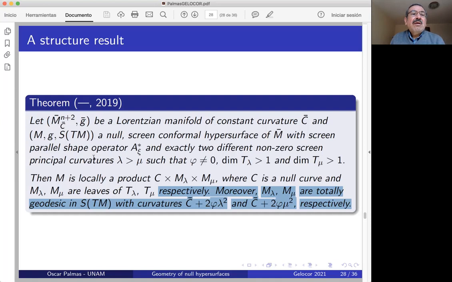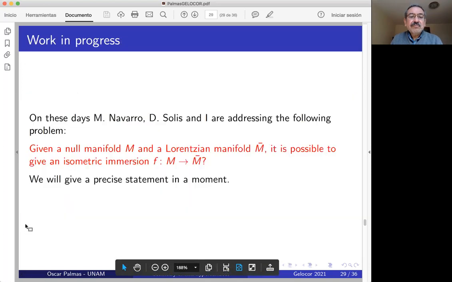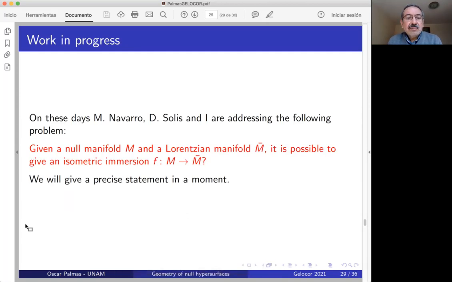So, let's take some more minutes to talk about the work in progress with Matthias and Didier. We are studying this kind of problem.